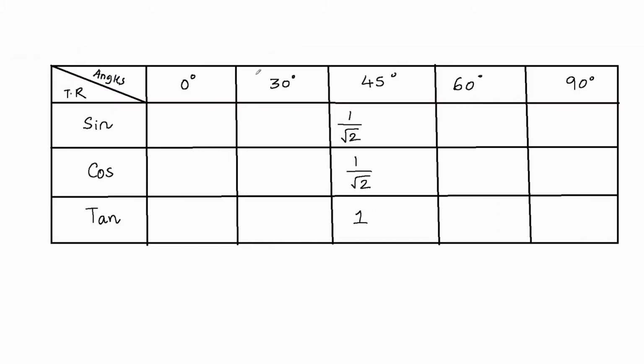So now we have the trigonometric ratios of 30 degrees. Sin 30 was equal to half, cos 30 was equal to root 3 by 2, and tan 30 was equal to 1 over root 3. So now let's go ahead and find the trigonometric ratios for 60 degrees using the same triangle.